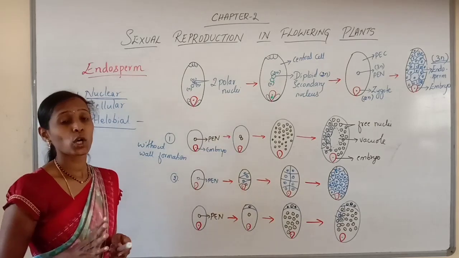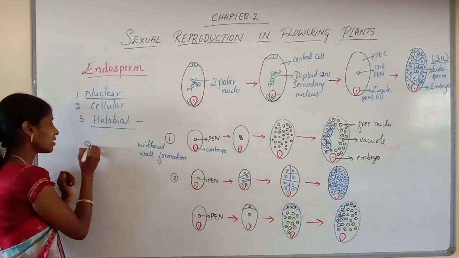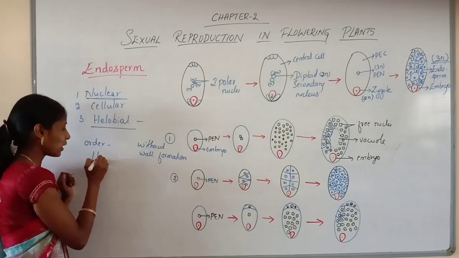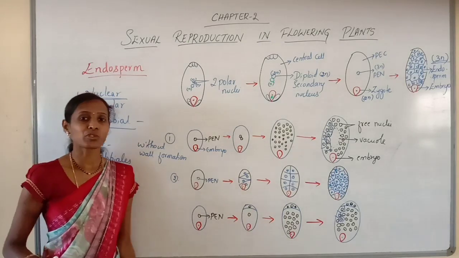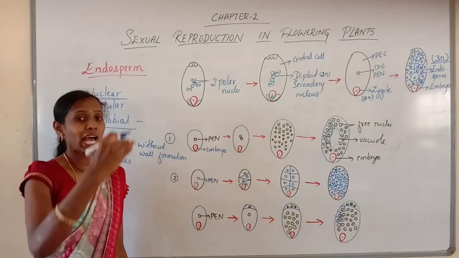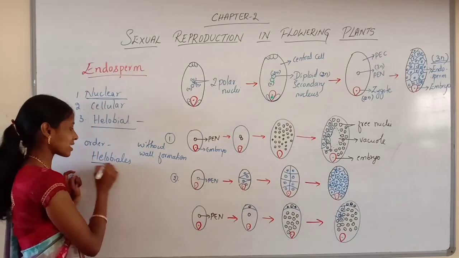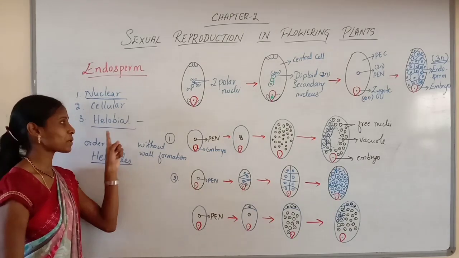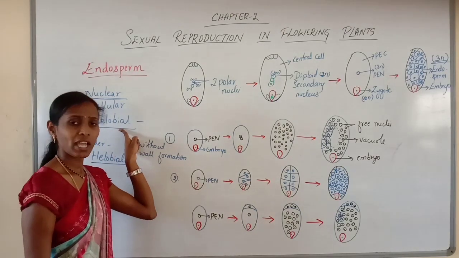This helobial type of endosperm can be seen only in the order Helobiales. When you study systems of classification, in the Bentham and Hooker classification, under the monocotyledons, there is one order called Helobiae, which contains a special type of endosperm called the helobial type of endosperm.